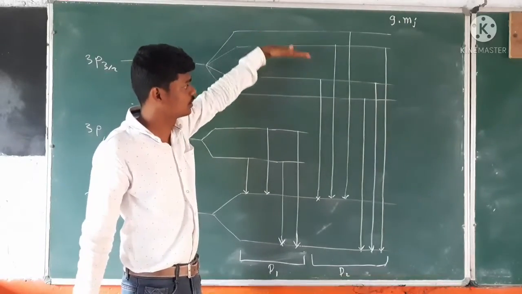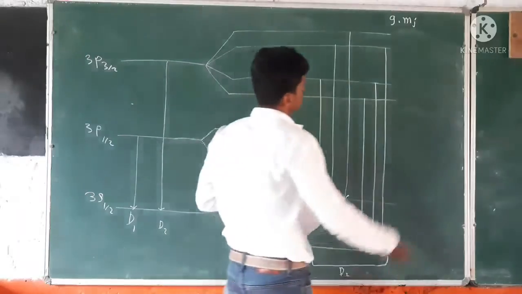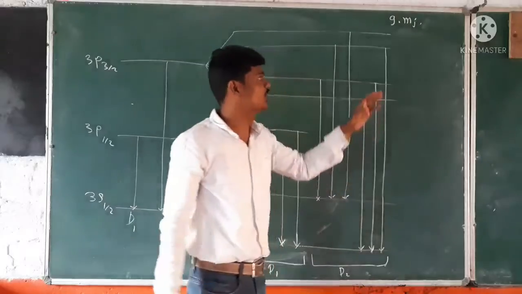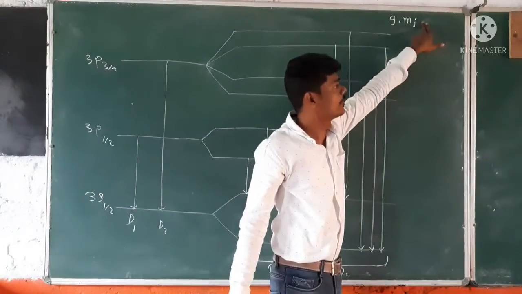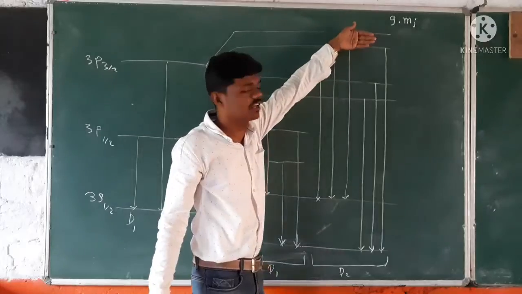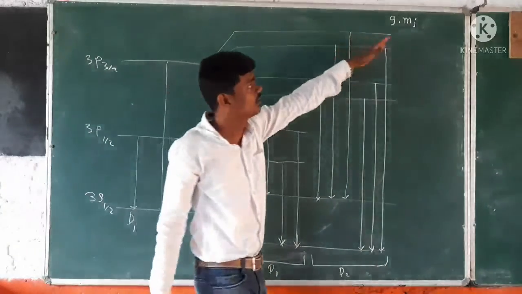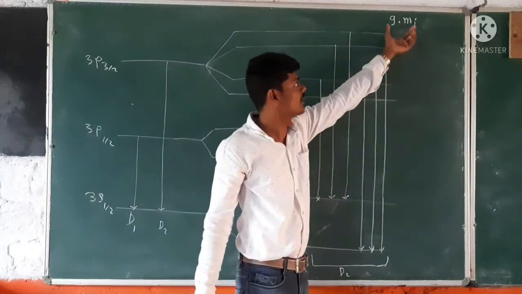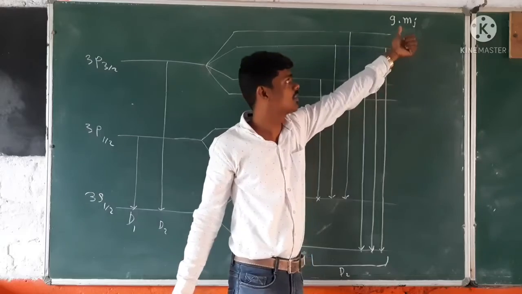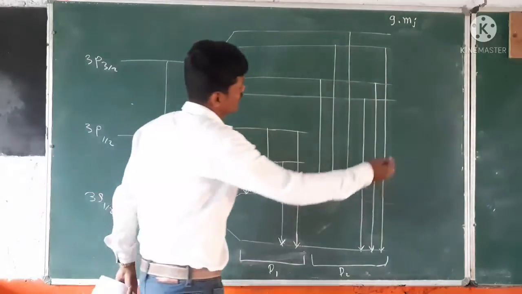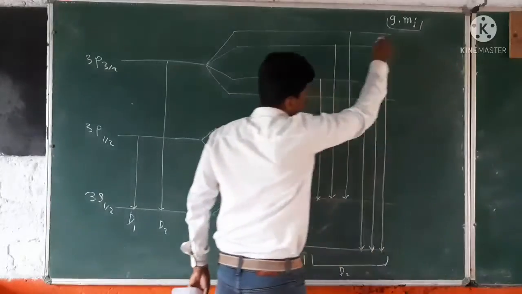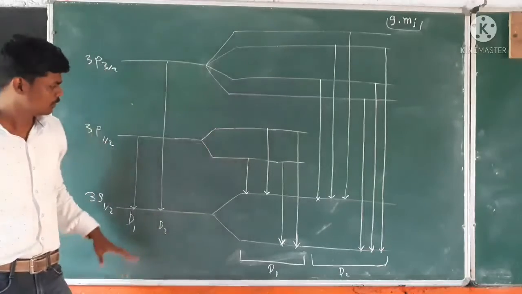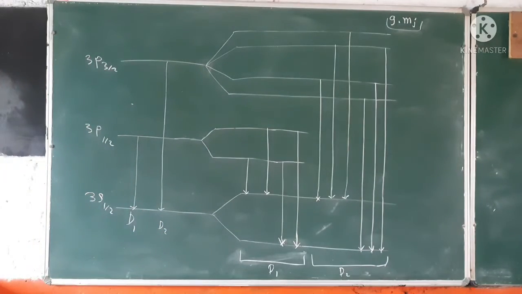This energy difference is calculated using g m_j times L, but we are taking it in terms of the Lorentz unit, so we don't have to write the capital L. We represent this interaction energy in Lorentz units, and we will just write the Landé g factor and the total quantum number m_j. Using this formula, we can calculate the energy difference between these lines. This is how they are split when we apply a weak magnetic field.